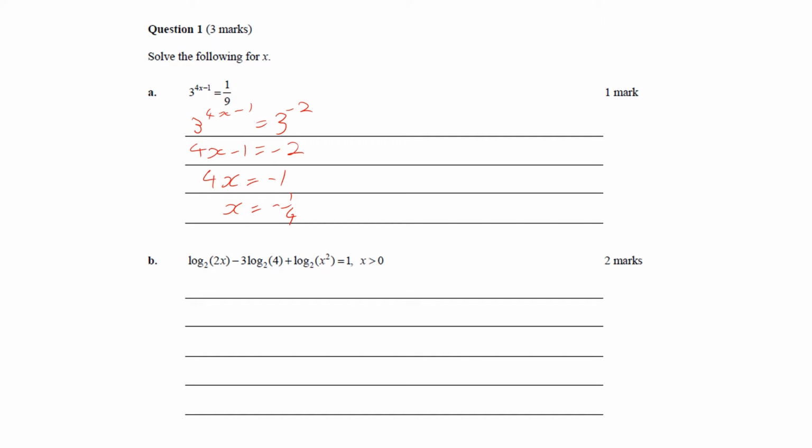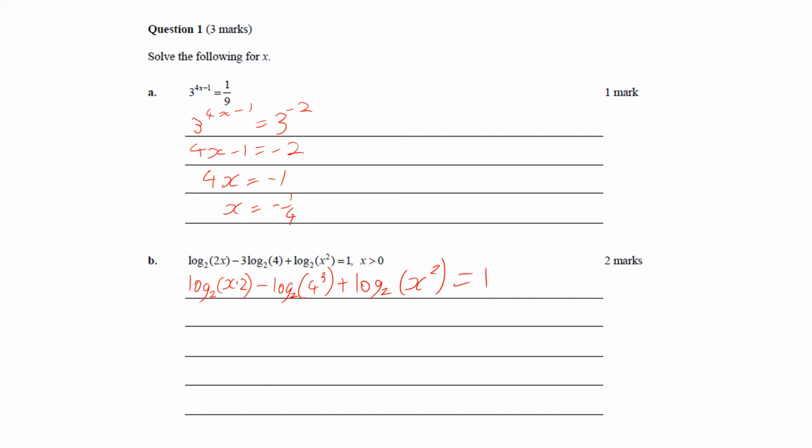So I'll leave this log base 2 of 2x be now. I will shift this coefficient of 3 into my power inside the log. So this will become log base 2 of 4 cubed, and then plus log base 2 of x squared, all going to equal 1.